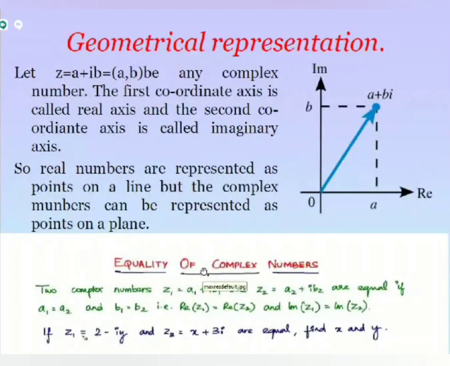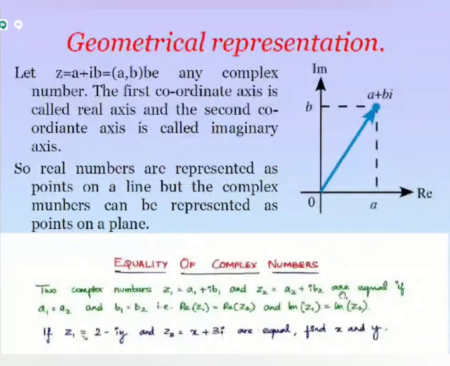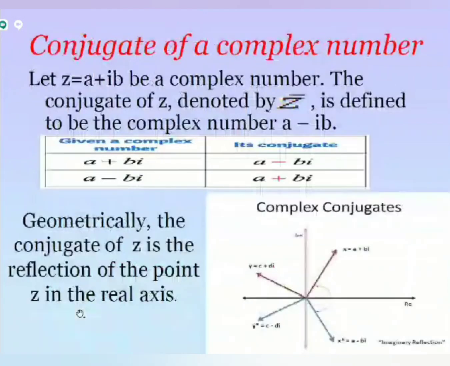Now I discuss equality of complex numbers. Two complex numbers z1 equal to a1 plus iota b1 and z2 equal to a2 plus iota b2 are equal if and only if a1 equal to a2 and b1 equal to b2.